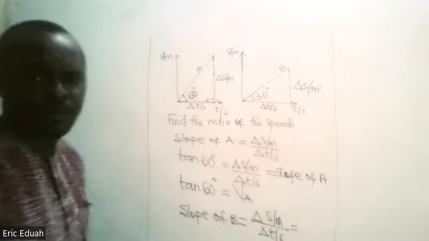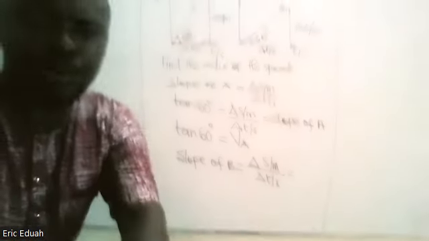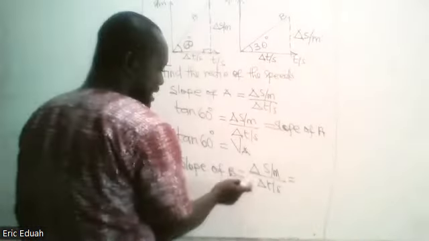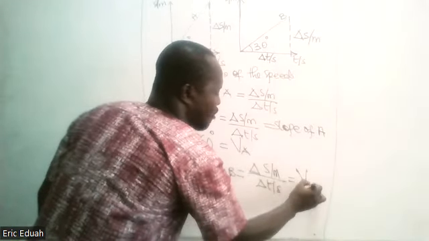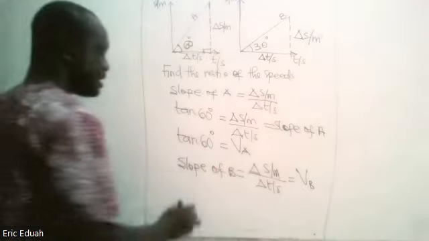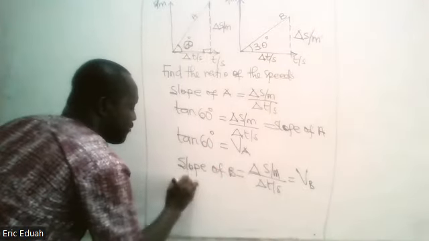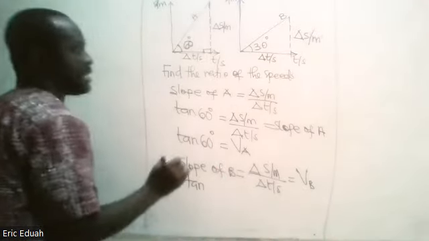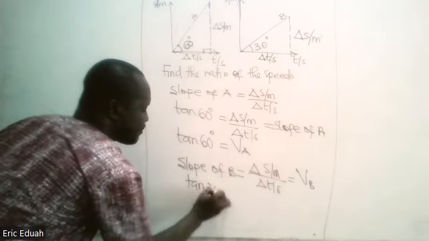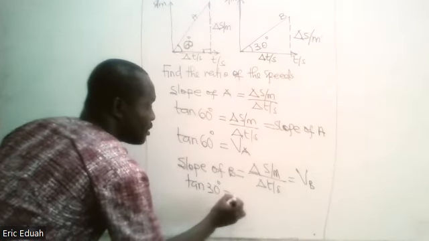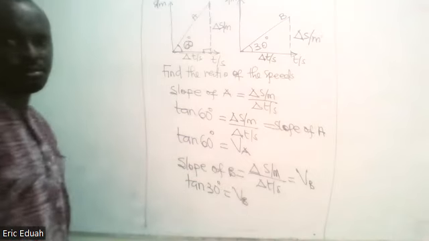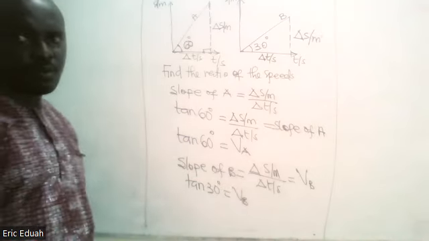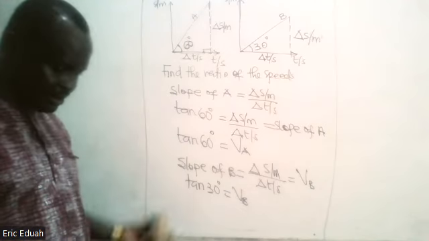So simply put, we also realize that this will give us the velocity of B. Therefore, when we take tan of the angle of inclination 30 degrees, we have the velocity of B. Any question?